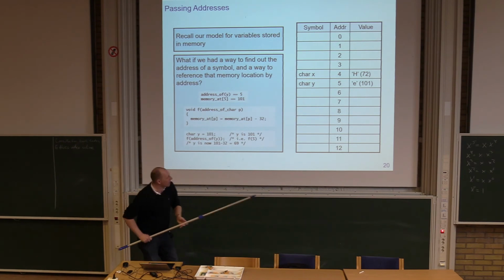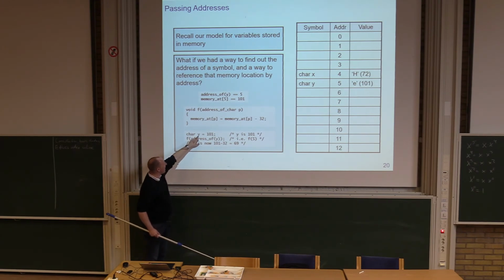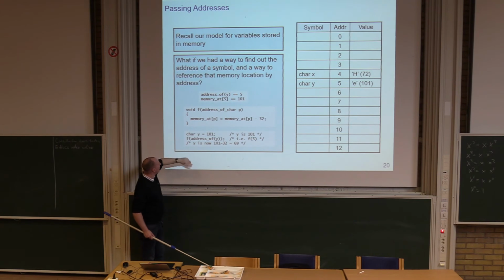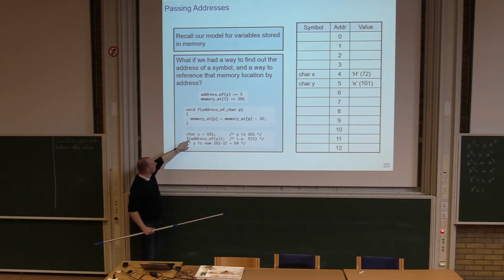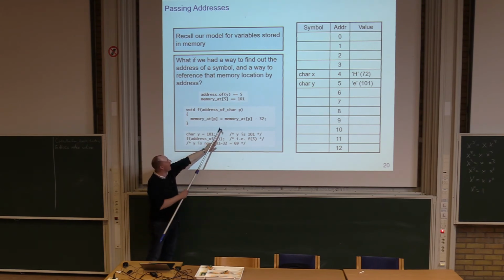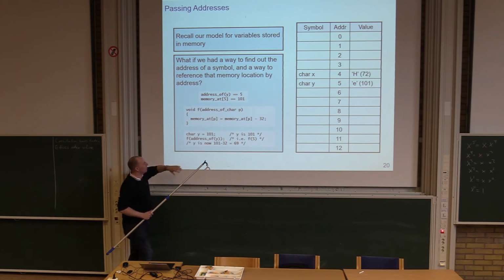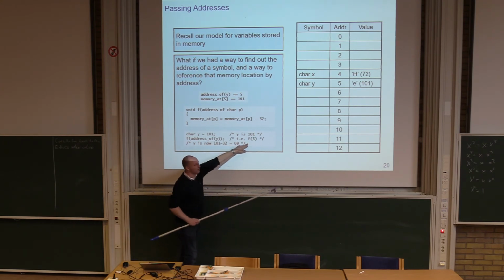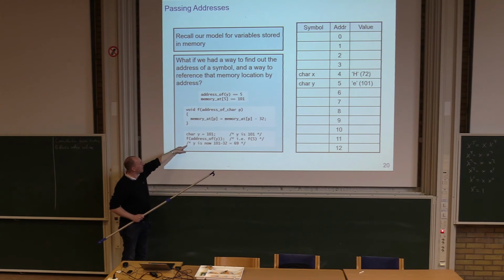If we have an example like this, we declare a variable y equal to 101, and then we call a function f, defined here. Now we send in not y, but the address of y, which in this case will be 5, right? We let f execute, and now we try to print out the value of y.